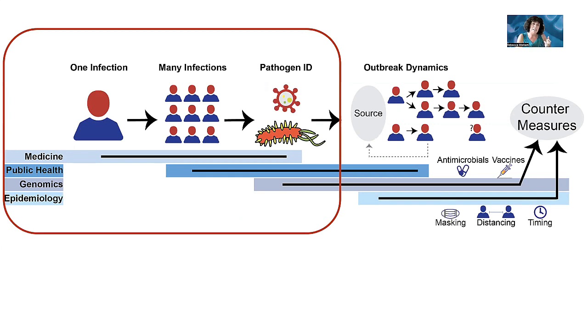And when it was the single infection and many infections, first it started with the medical community. And then once a problem was realized, public health was called in. And then once we get a genome sequence, we start doing genomics on it. Some might say, oh, you need a specialist to do this. But I hope that I showed you today that you really don't need to pay for a bioinformatician or a specialist, that you can do it yourself with the free resources that are out there.